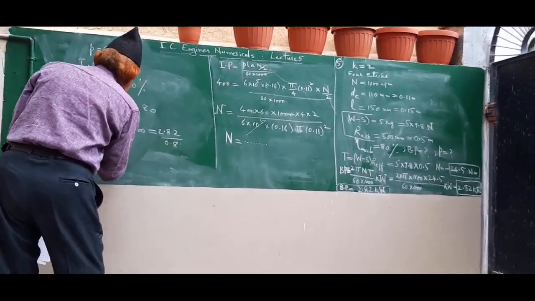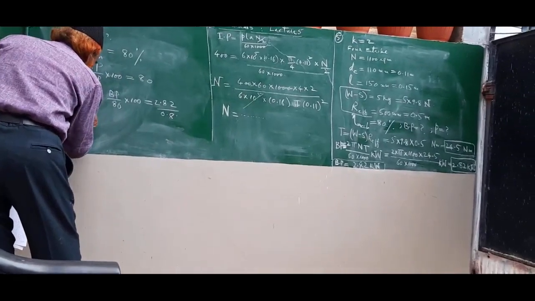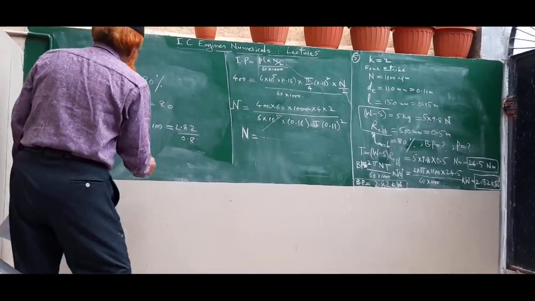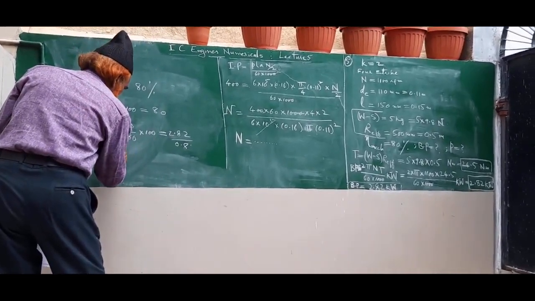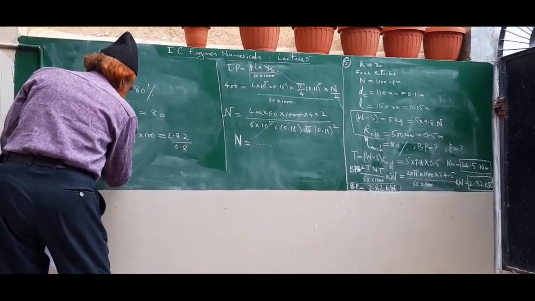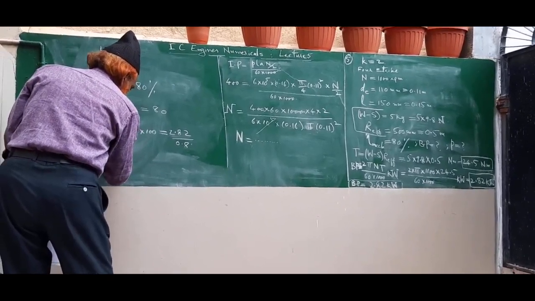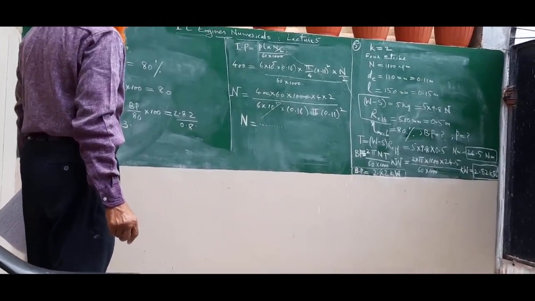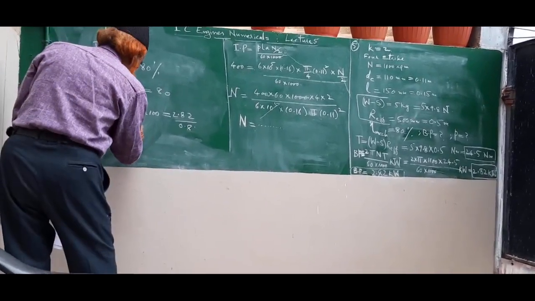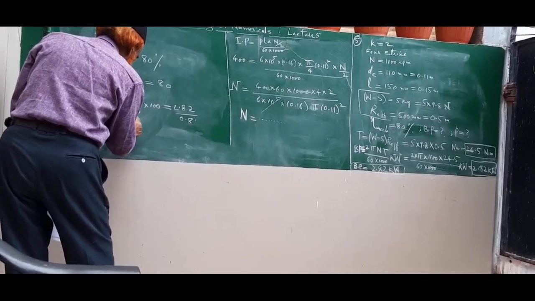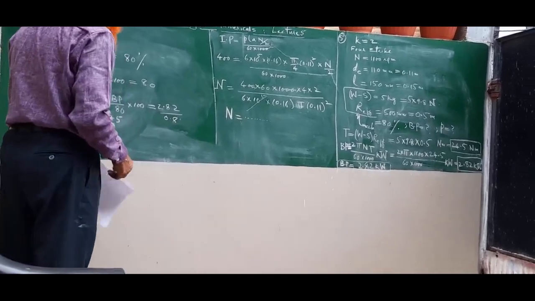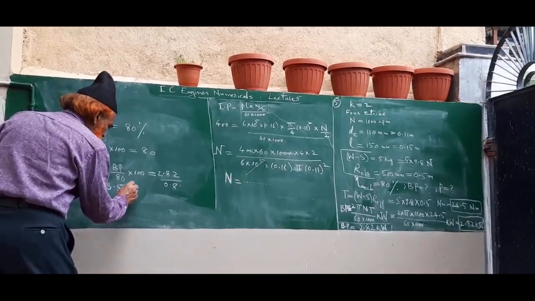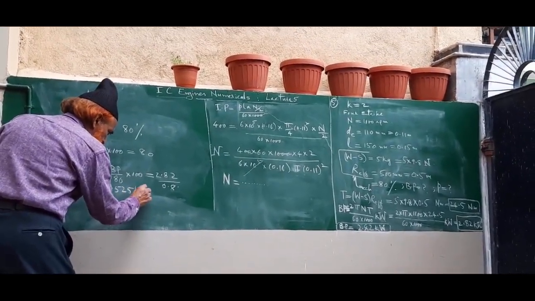How much are you getting? IP is equal to 3.525 kilowatt. This IP you got.